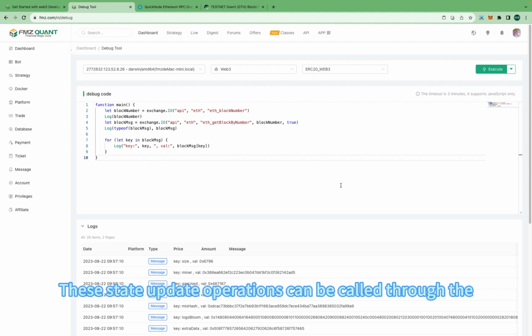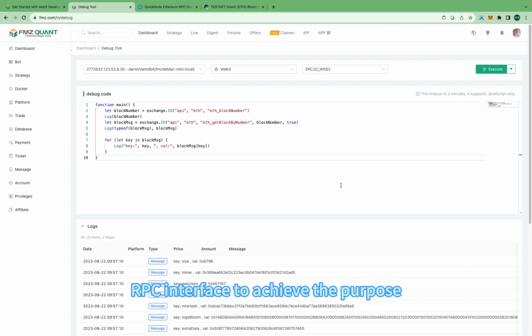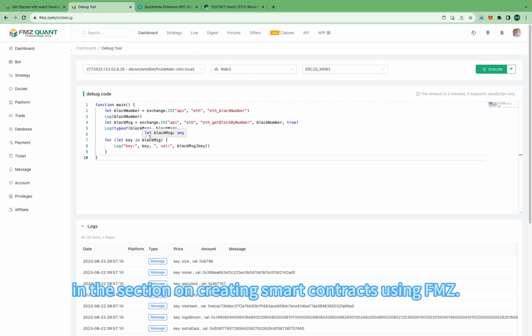These state update operations can be called through the RPC interface to achieve the purpose of recording state data on the blockchain. We will provide a detailed introduction to these functions in the section on creating smart contracts using FMZ.